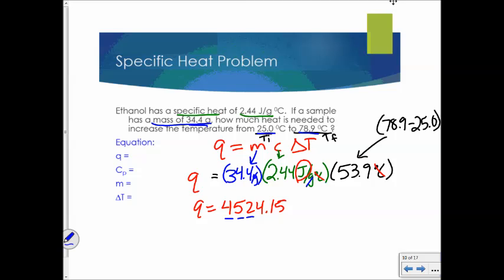Do I round up that 2 or leave it at 2? Leave it at 2. What do I do to that 1's place value? Filler 0, and I put my joule next to it, making sure I leave my units in there so I don't get docked for units, because you can't leave the numbers naked. Because on the free response, if you don't have your unit there, you'll get docked. Partial credit.